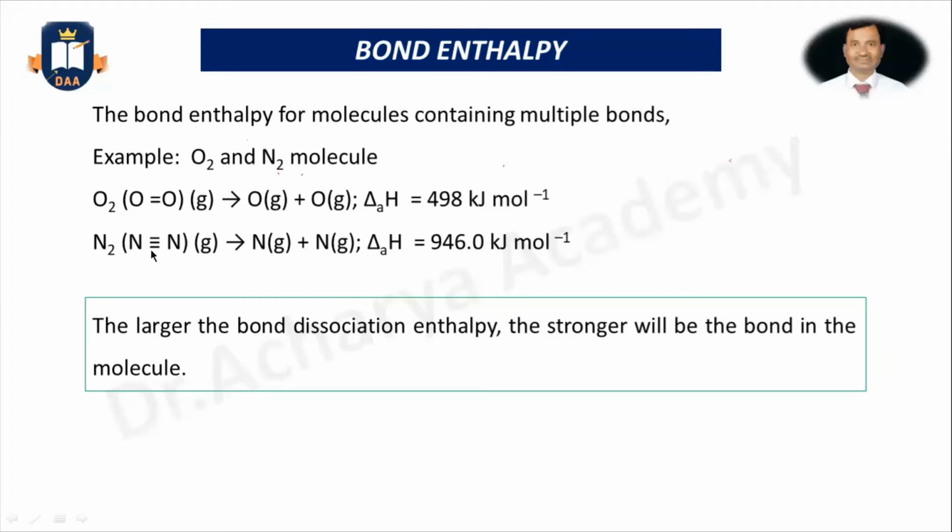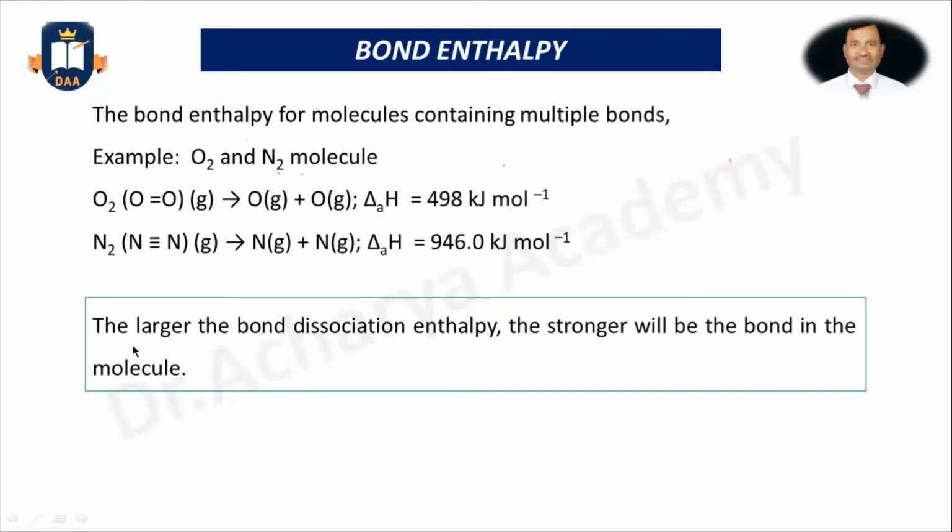To break this molecule into 2 nitrogen atoms in gaseous form, the bond enthalpy value is 946 kilojoule per mole. For the double bond it is 498 kilojoule per mole, but for nitrogen it is a triple bond, so the bond enthalpy increases to 946.0 kilojoule per mole.